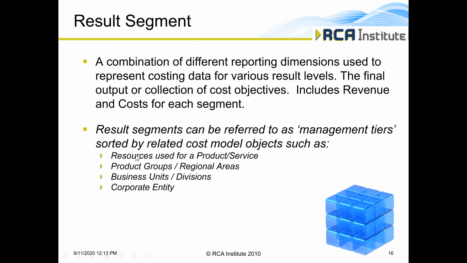For instance, you may have several products or services that you do a results segment for, but perhaps on the product group, there are resources that are only at the direction of the product group. So those would be included in the product group, but not in the product or service.